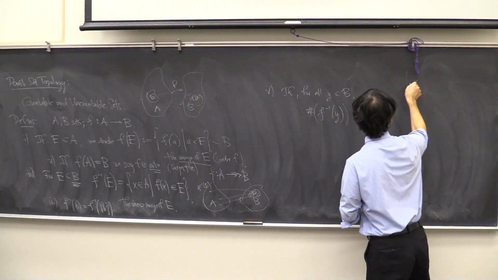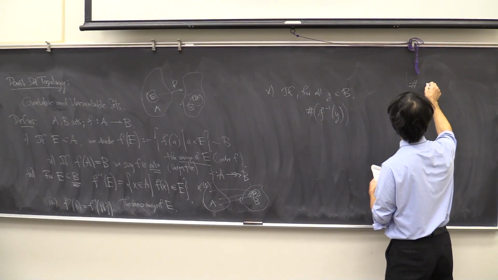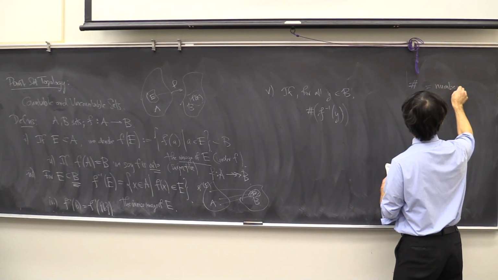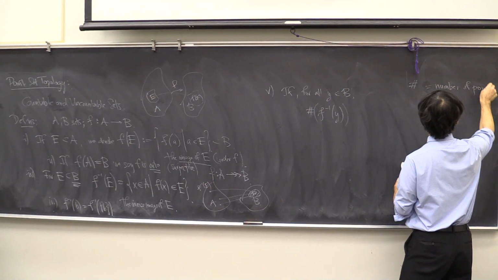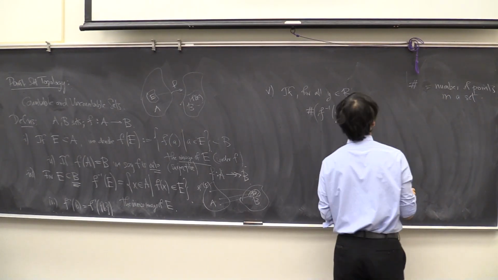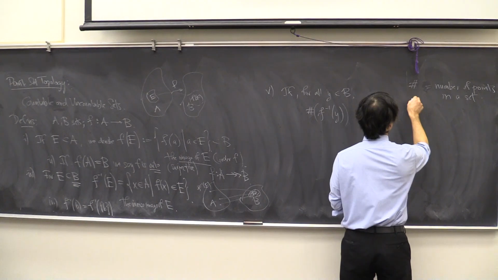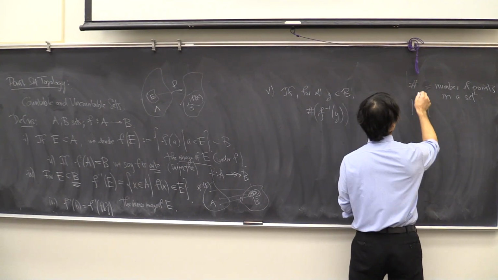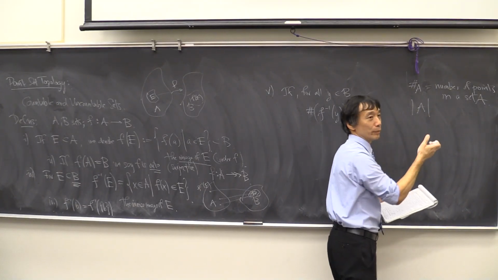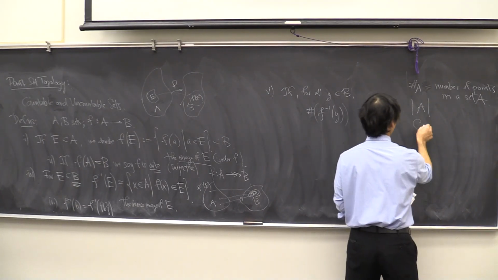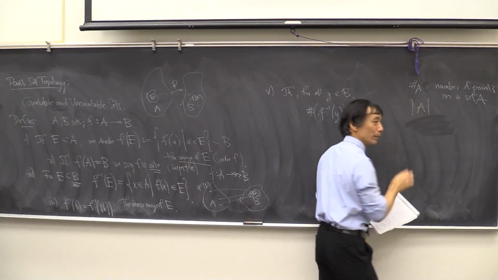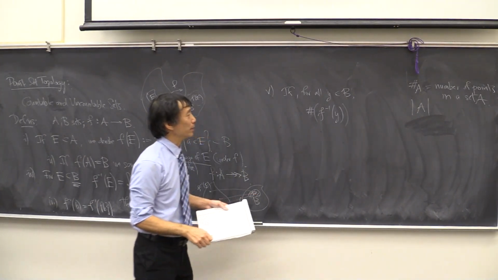Num means the number of points in a set. Sometimes you'll write it like this, number of points in a set A. Sometimes it's written with the absolute value sign. Sometimes people write card A for cardinality. We haven't defined cardinality yet, so let me get to that in a second.